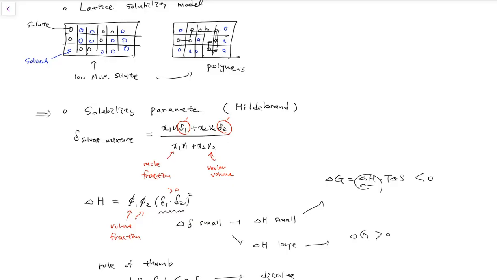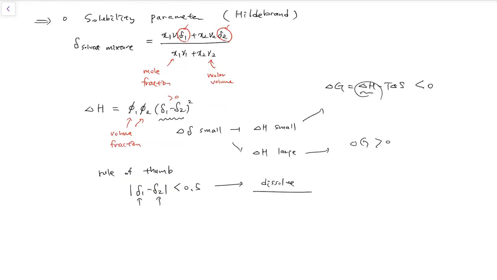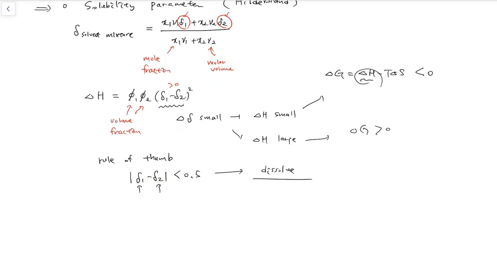If it's larger than 0.5, they are immiscible. And this solubility parameter delta can easily be determined experimentally by swelling experiment.